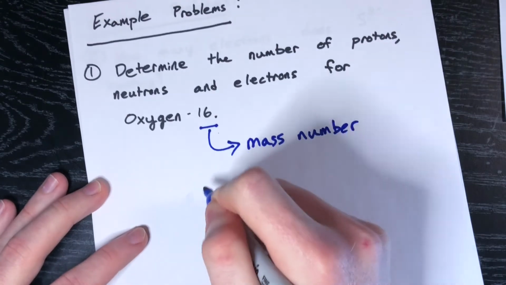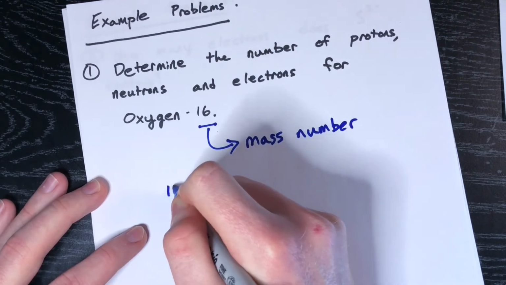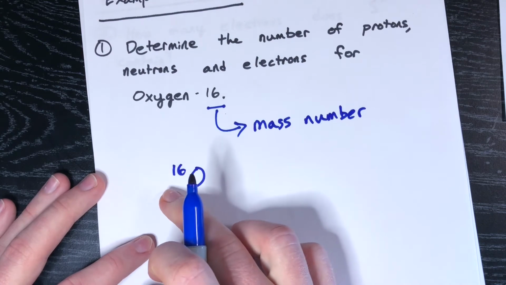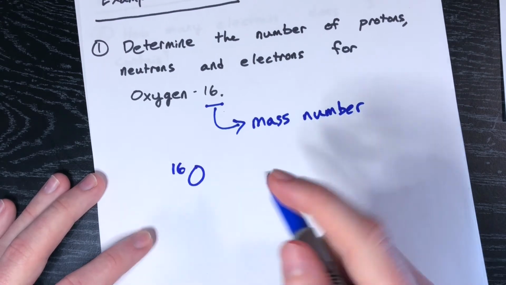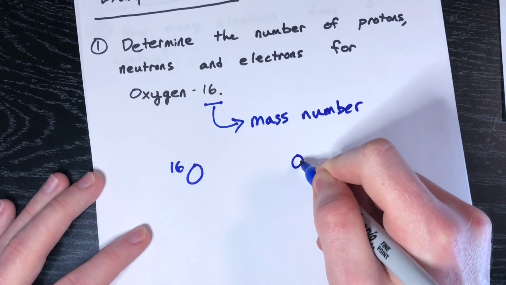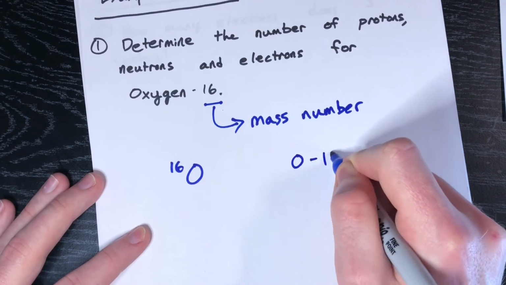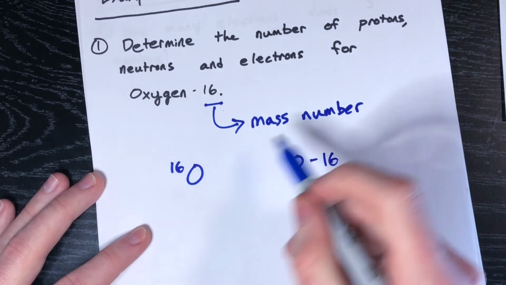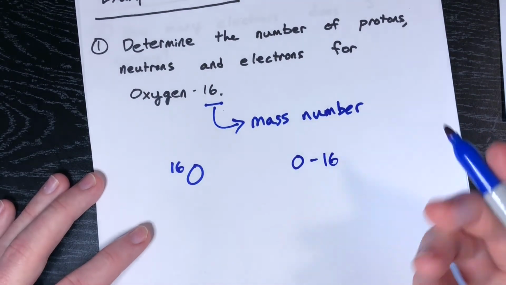So a common convention is like this, the superscript 16 on the left of O means the mass number. Or you could also see it like this, where it's just the element oxygen, which is O, and then hyphen 16, where this 16 again means the mass number. All of these mean mass number.